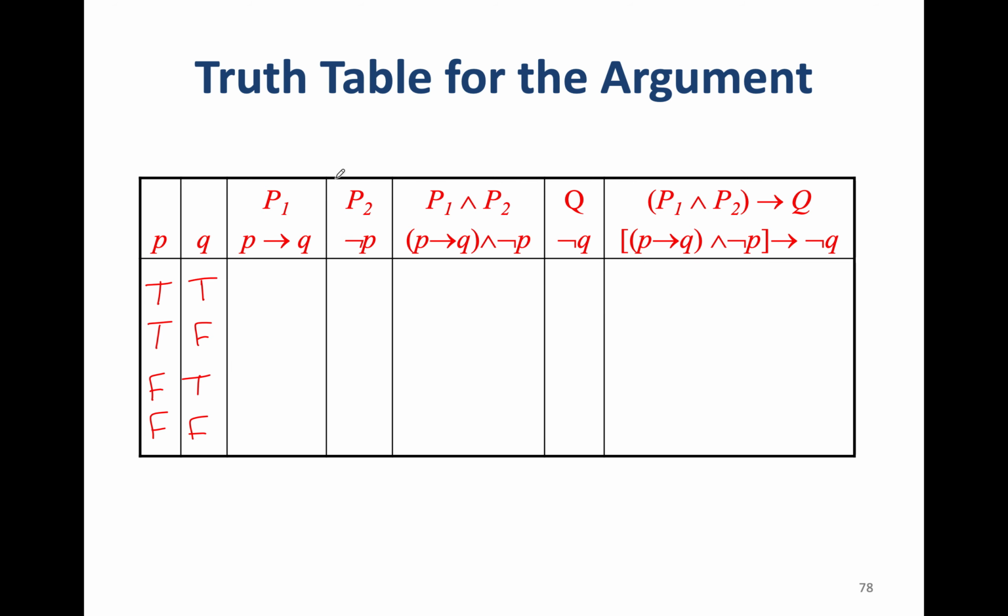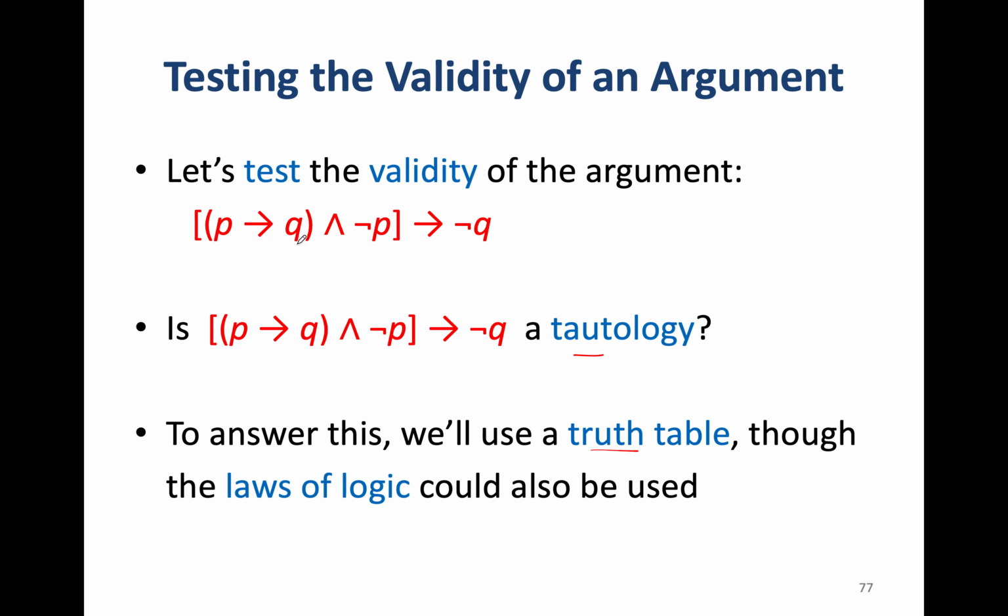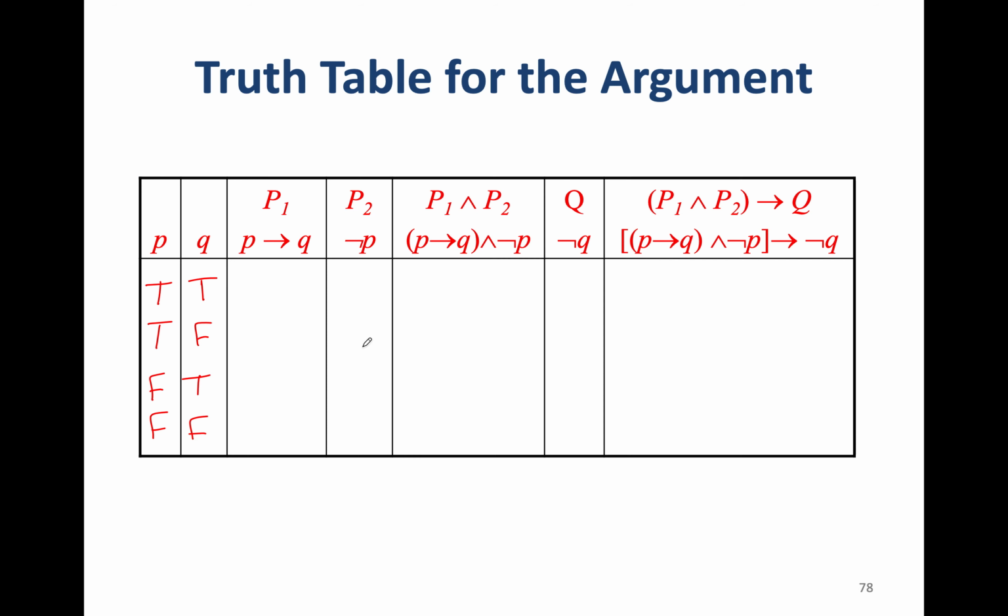The first premise is if P then Q. This is P1, here we've got P2, and this is Q. So P1, if P then Q, we know that if true then true is true. If true then false is false. If false then true is true. If false then false is false.